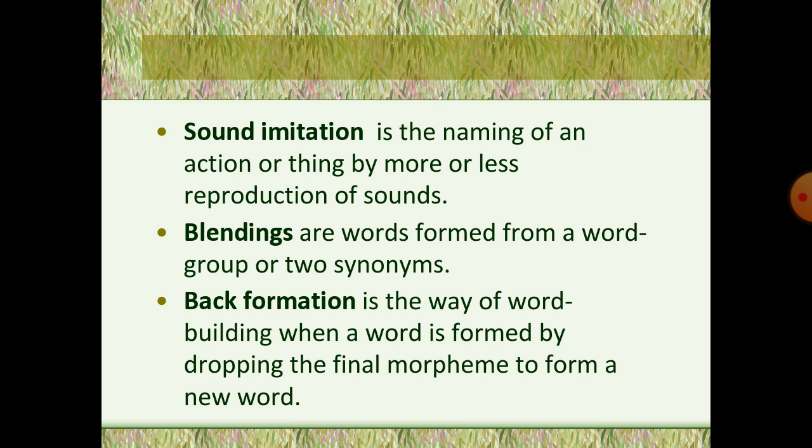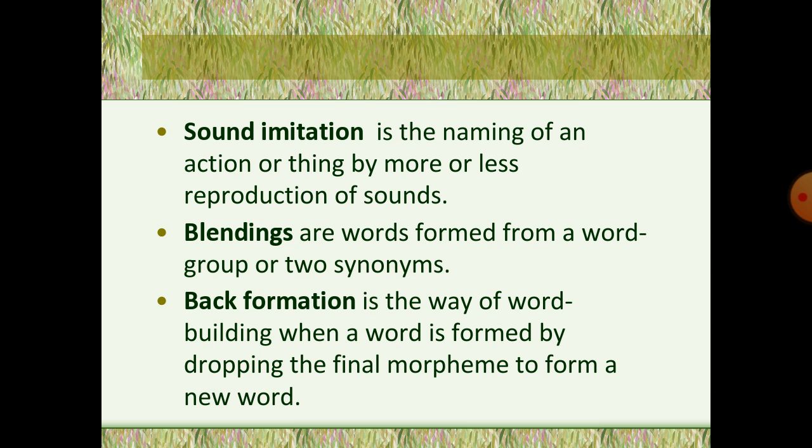Sound imitation is the naming of an action or thing by more or less exact reproduction of sounds. Blendings are words formed from a word group or two synonyms. In blends, two ways of word building are combined: abbreviation and composition.